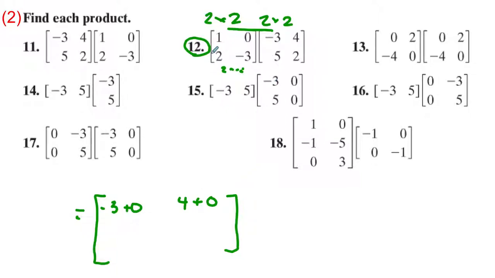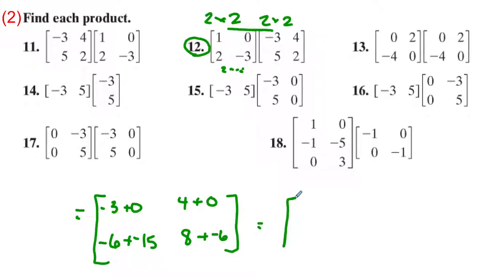Now we go to row 2, column 1. 2 times negative 3 is negative 6, plus negative 3 times 5 is negative 15. 2 times 4 is 8, plus negative 3 times 2 is negative 6.